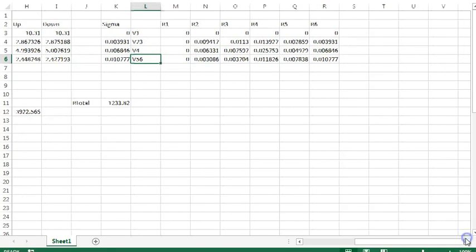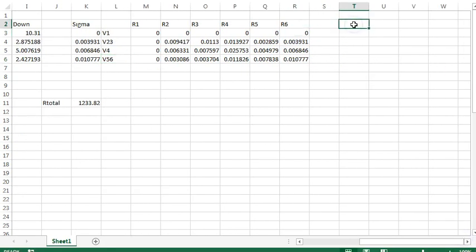Now, we want the total error, right? So sigma total on all of these. What do we do? Well, okay, that one it's 0, right? Well, it's just the square root of that squared plus that squared plus that squared plus, because these are all independent, right?